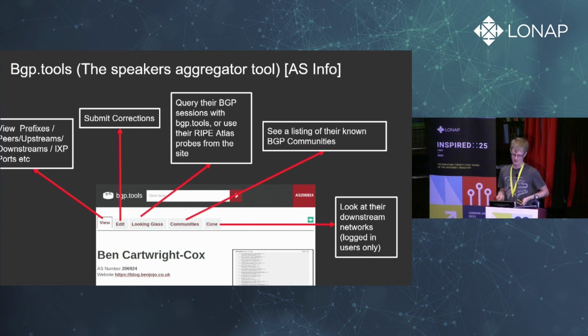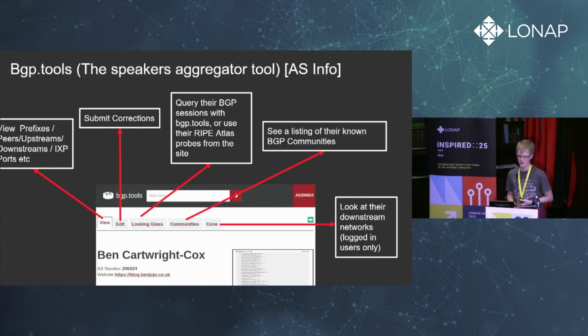ASN pages have a whole bunch of bits and bobs. You can see the prefixes, downstreams, upstreams, and IXP ports, same stuff as the BGP stuff. If there's something visibly wrong with the naming, because company names change over time, you can submit corrections directly to me, and I will probably review them in time. If the ASN has direct connectivity or direct peering with BGP tools, you can use BGP tools as a real-time looking glass, which might save you from the problem that I commonly have, which is that most looking glasses run by ISPs don't actually work.